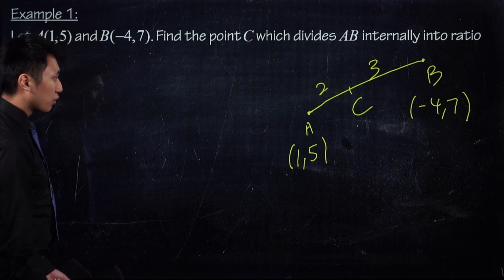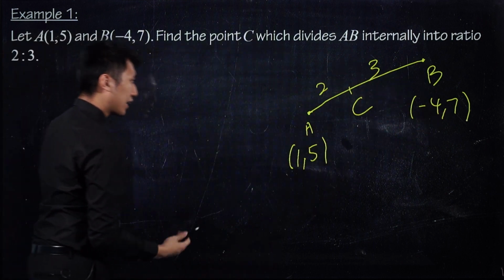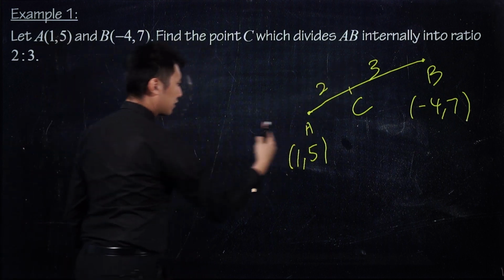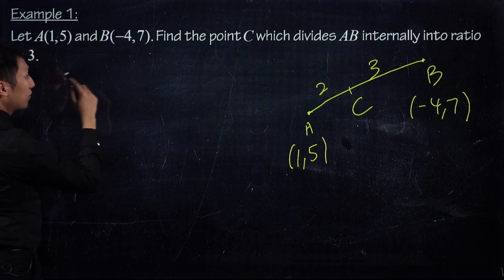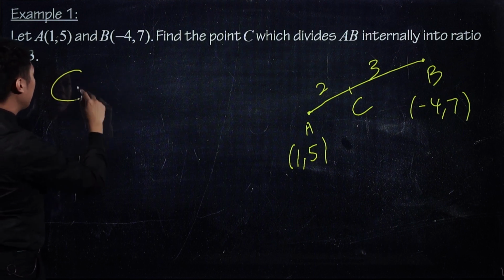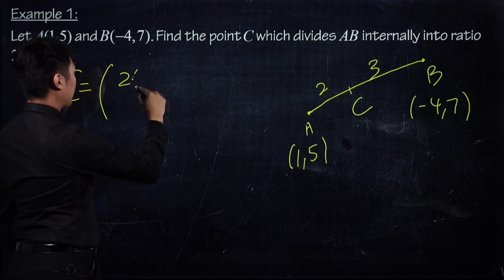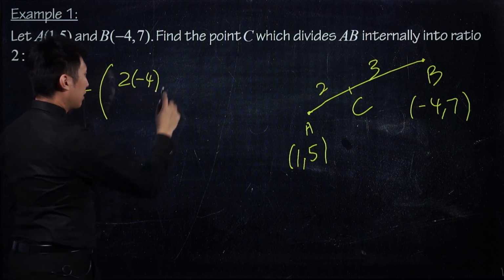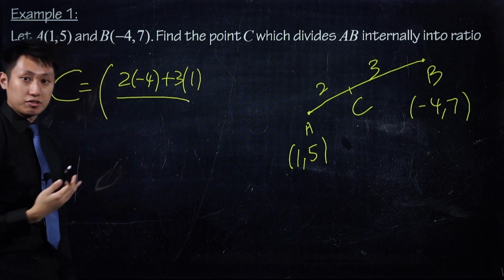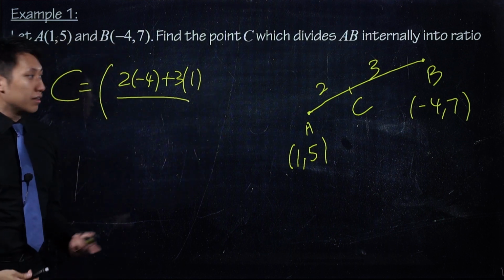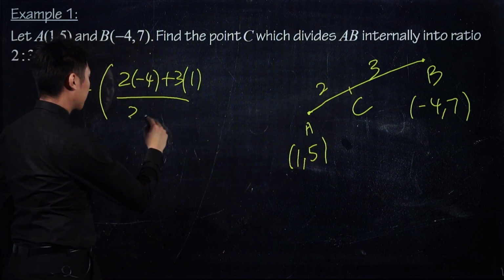So now what do I need to do? I cross this one to this side on the x-axis, and this 3 cross to this side for the x coordinate. So the point C is equal to 2 times -4, plus 3 times 1, and remember to divide by the sum of the ratio, 2 plus 3.